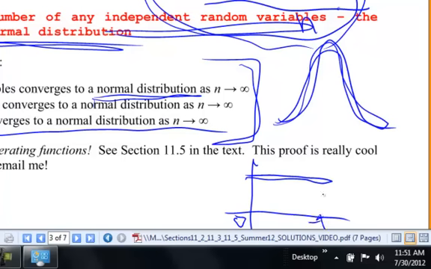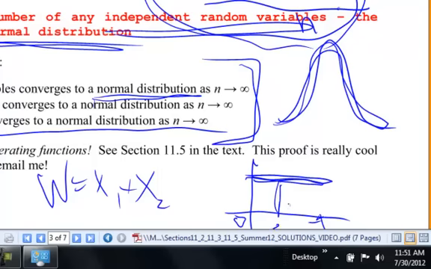If you add 2 uniforms, you're going to get values between 0 and 8, but the most likely value would be something in the middle.